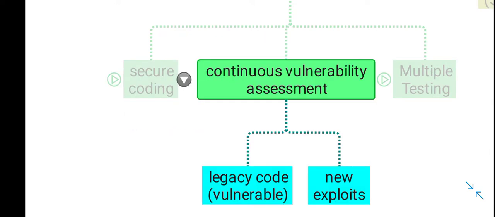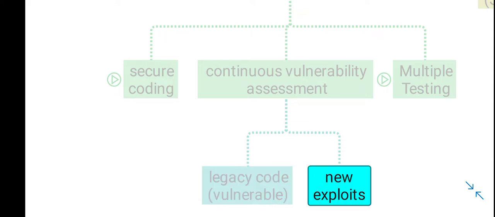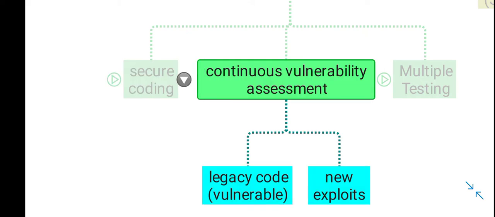However, there are certain challenges, that is, if the legacy code is vulnerable or any new exploit appears from time to time. So even after performing secure coding practices, you cannot be sure that your application won't be vulnerable. Therefore, you have to continuously perform vulnerability assessment, and application security testing is part of that process.